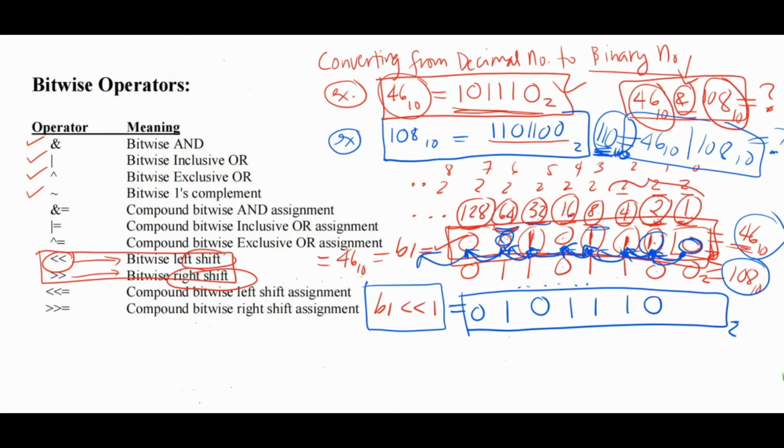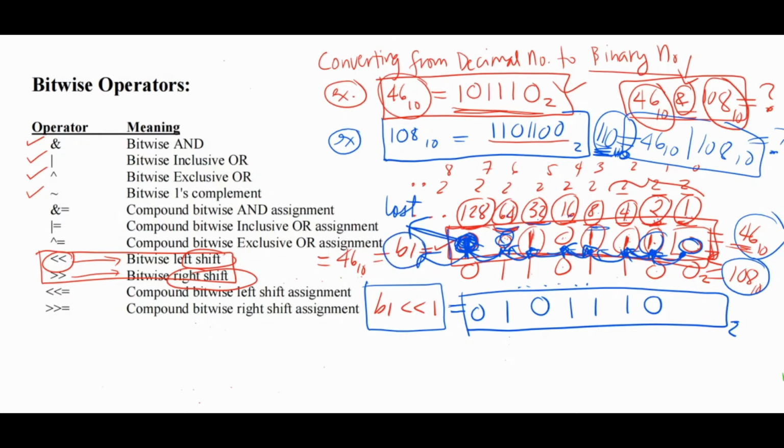So take note that this one will be out of this 8-bit position, so the 0 here is lost. If this is 1, this would be a significant data loss. But since this is 0, it has no effect on the value of this variable B1.